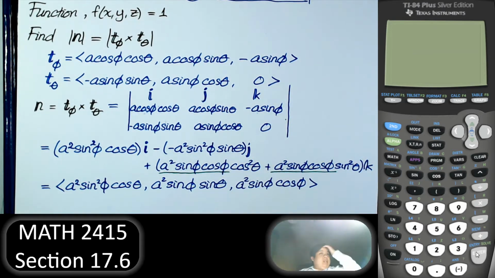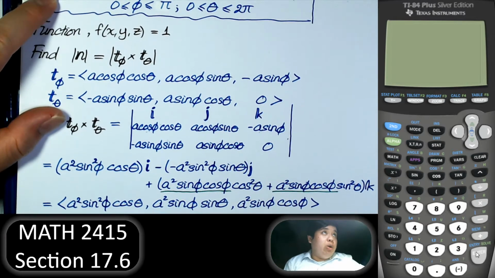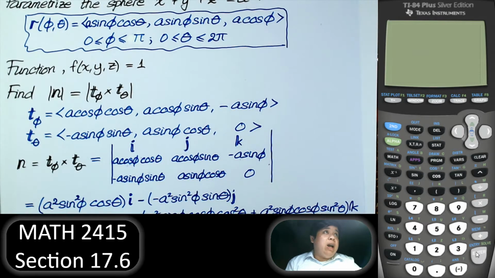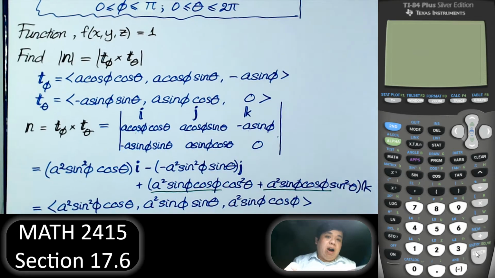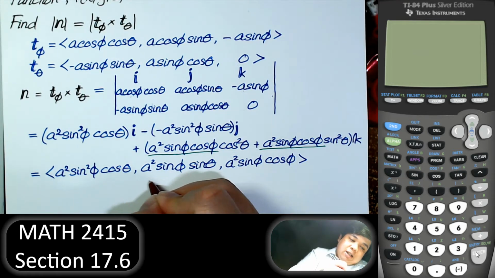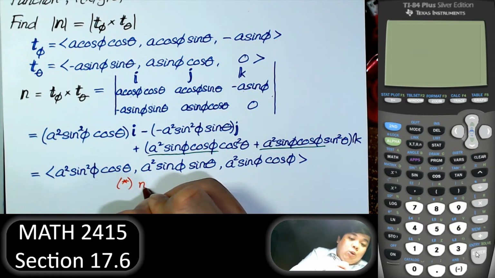Right, so that's complicated. But if you do a bunch of this problem, you will notice that compared to the original one, all we did is multiply a sine phi to it. So just note that. So later on we will use this again.